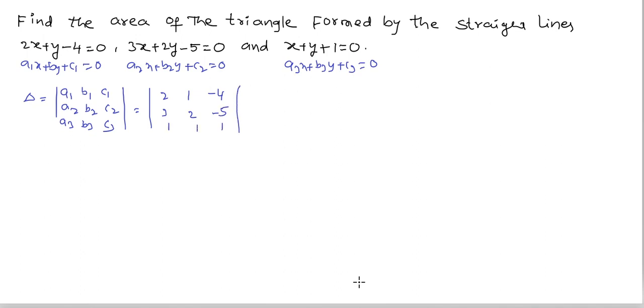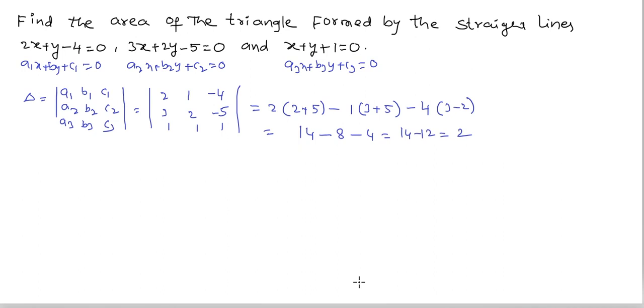So that is equal to 2 into (2 plus 5) minus 1 into (3 plus 5) minus 4 into (3 minus 2), equal to 2 into 7, that is 14, minus 8, minus 4 into 1, equal to 14 minus 12. Now we find delta 1.